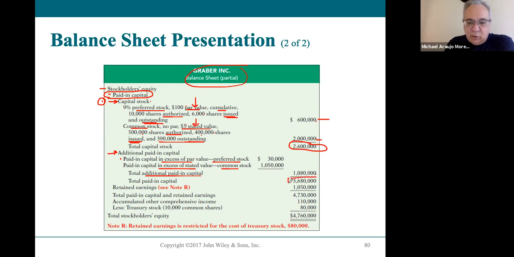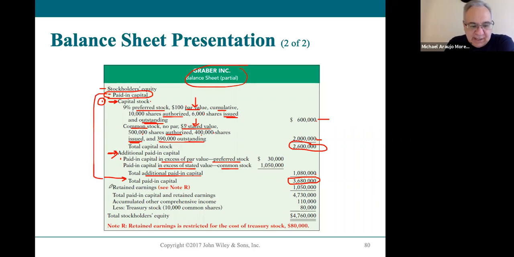Together, they make total paid in capital. So the capital stock plus the additional paid in capital is the total paid in capital. Okay. So that's how we would read that. And that's just for stock. Here, it's all stock. Okay.